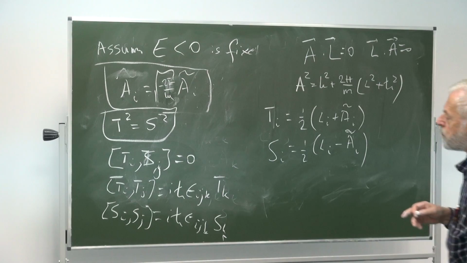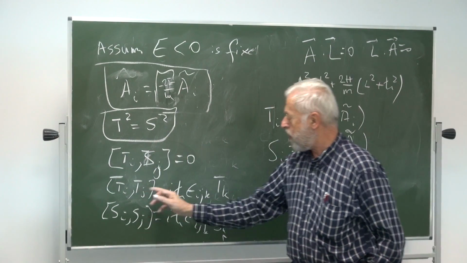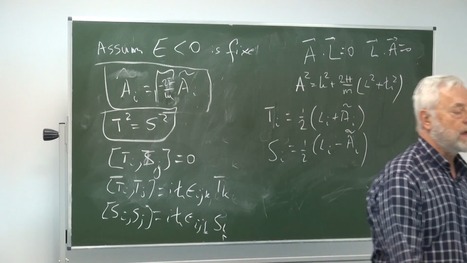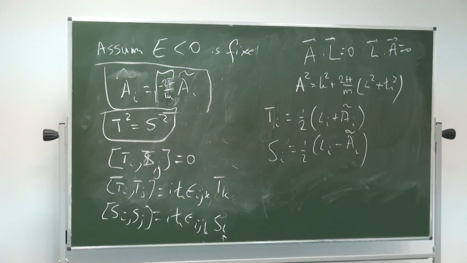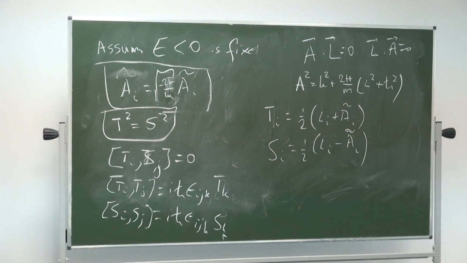We have two vector operators, one S, the other T, both satisfying the set of commutation relations of the standard angular momentum. Instead of the standard single L, we have two of these guys, except that their squares are equal. Moreover, they mutually commute.